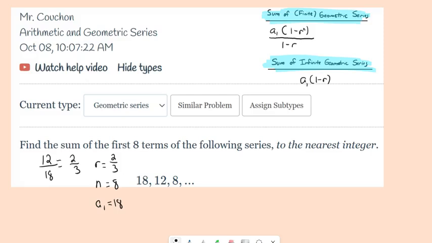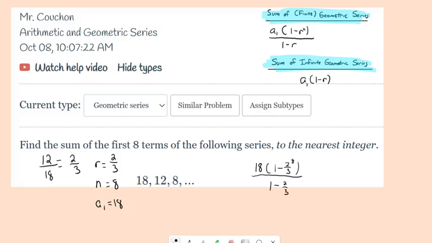Okay, time to plug this into the finite geometric series formula. So a sub 1 is 18. We're going to multiply that by 1 minus the common ratio, which is 2/3, to the power of 8 over 1 minus 2/3.